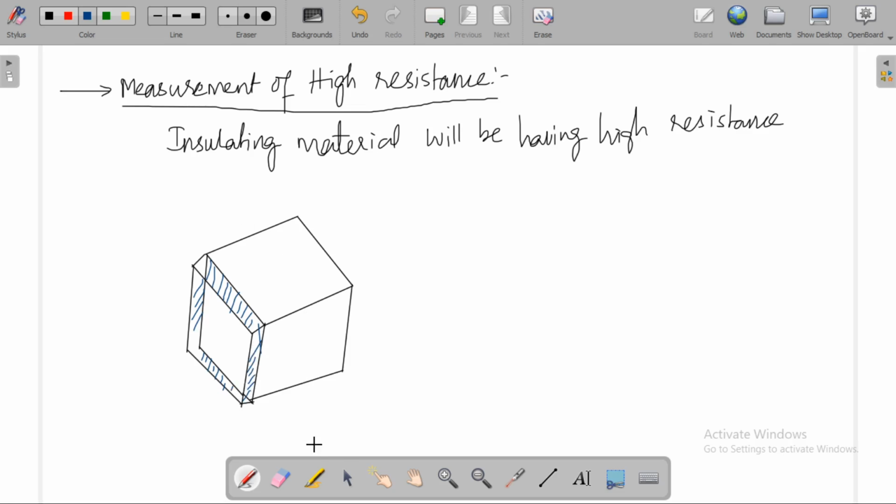Let me use another conducting plate which is connected on the other side of the insulating material.